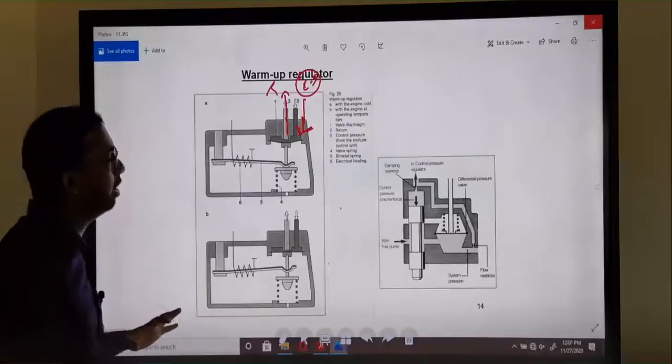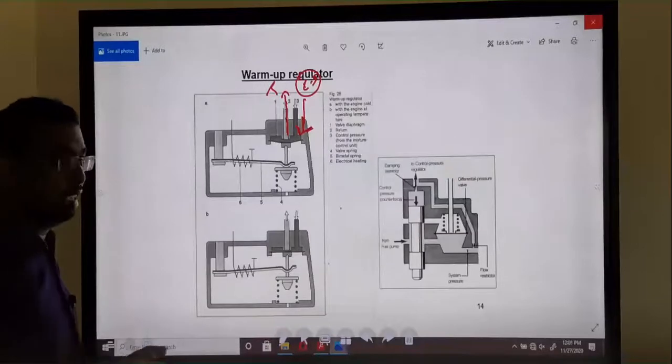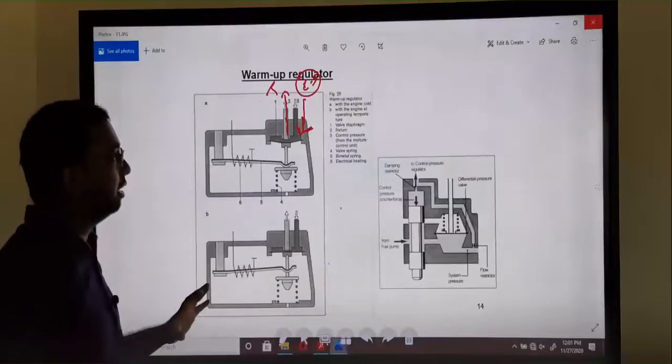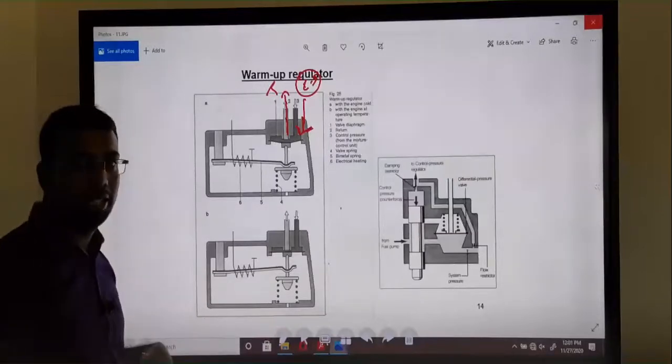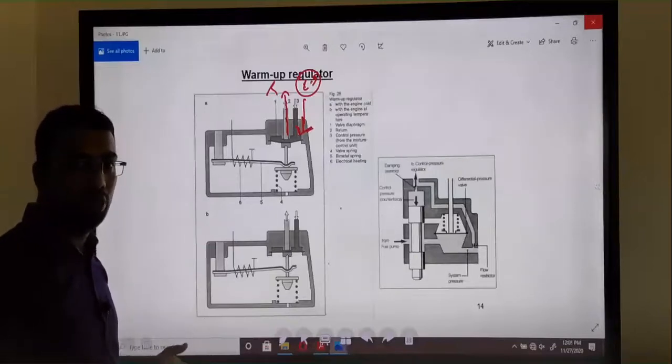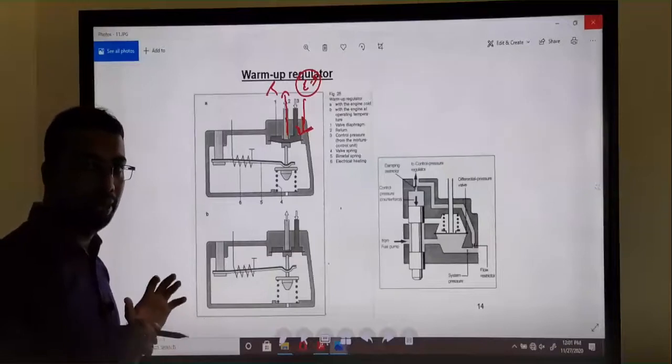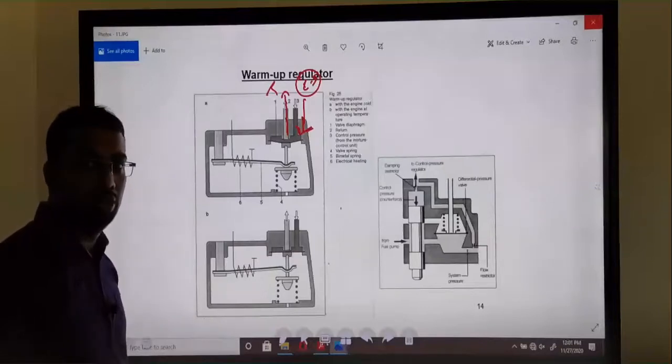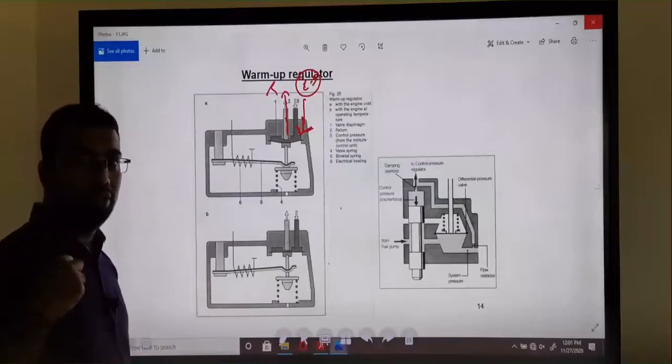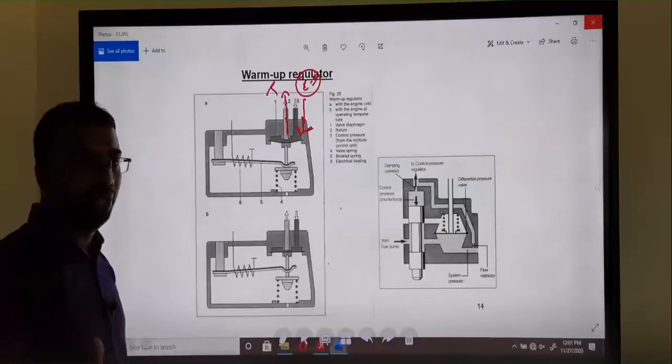This is linked with the cold start injector. When it is cold, this line works with high pressure. We have to give much pressure to send this fuel.